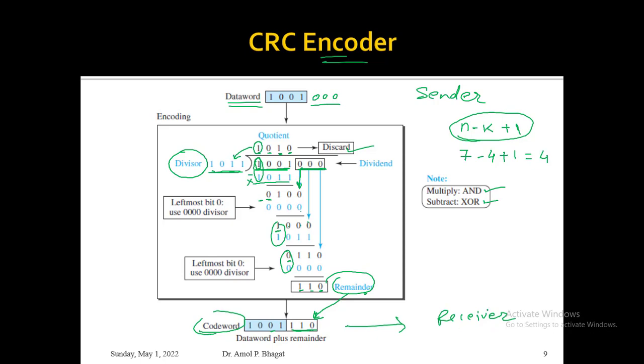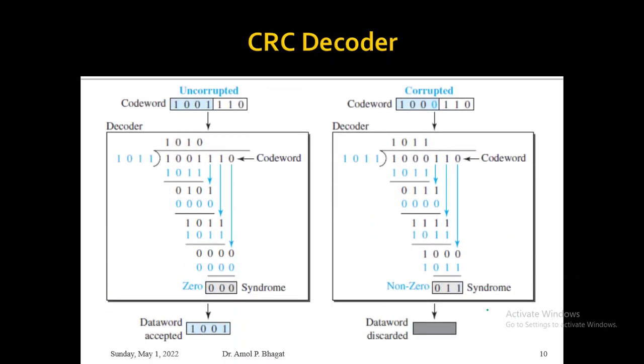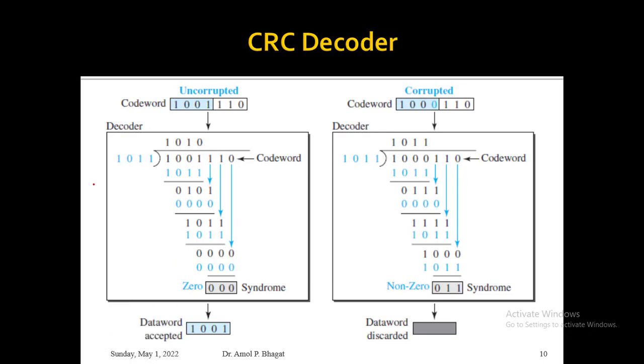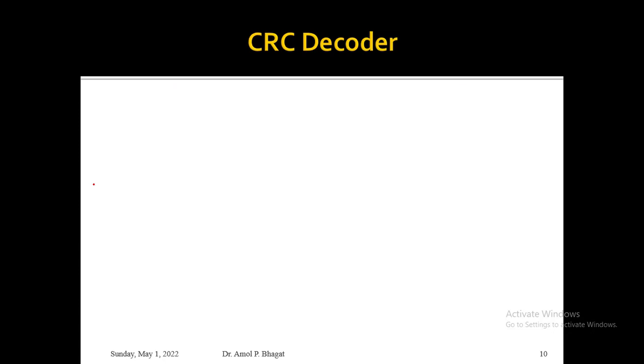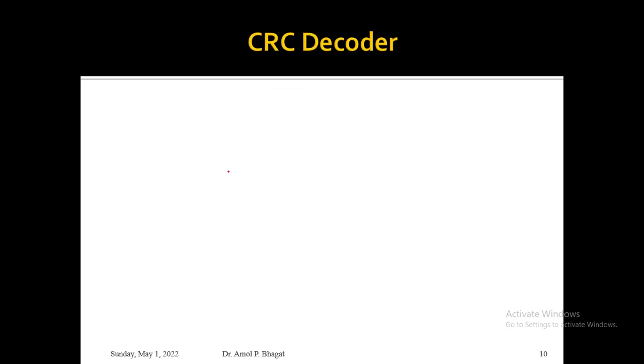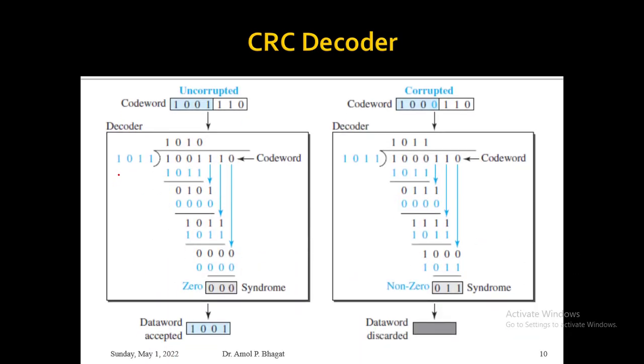Now let's see what the receiver will be doing, right? Here at the receiver side, you can see the receiver also has the divisor which the sender has. The same divisor will be utilized by the receiver, that is 1011.